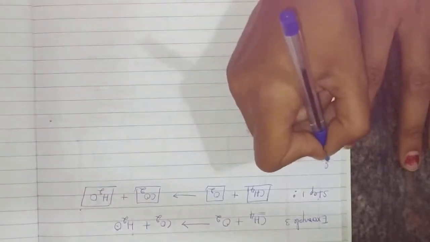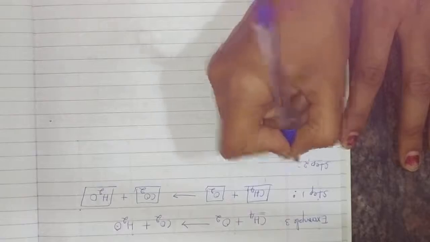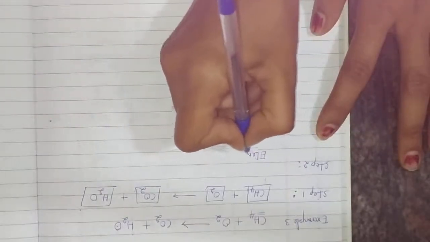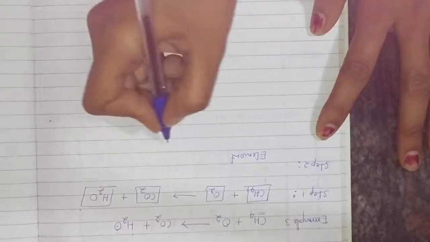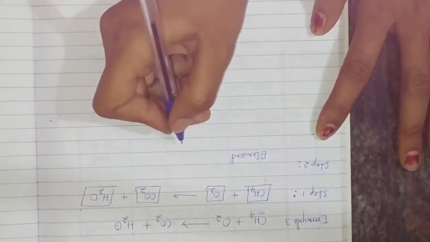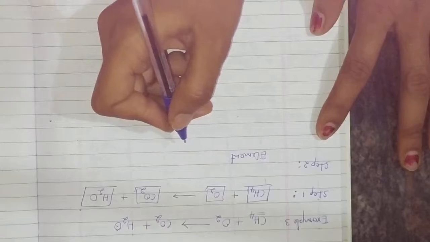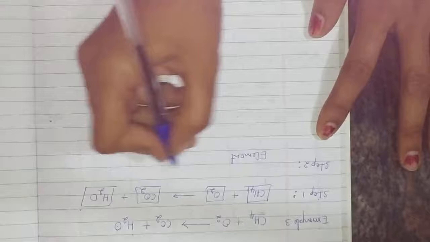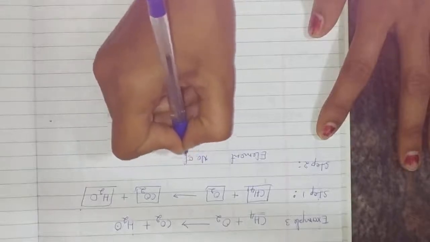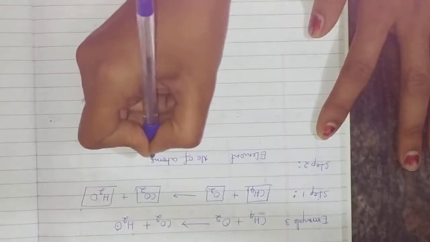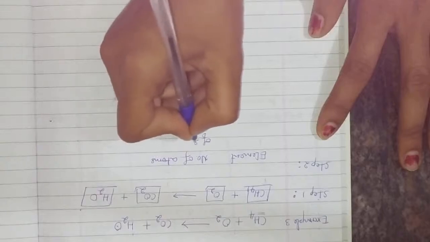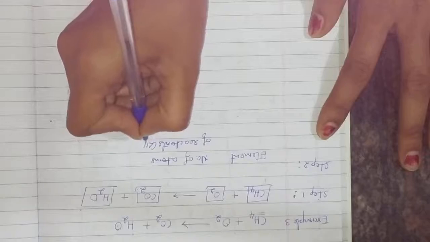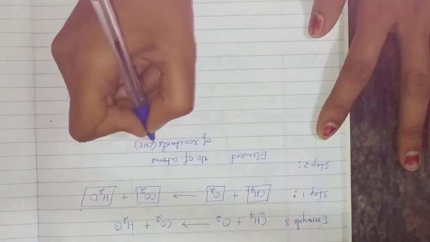In step 2 we will list the number of atoms of different elements in the reactant and product side. This is the number of atoms in the reactants, or the left hand side.